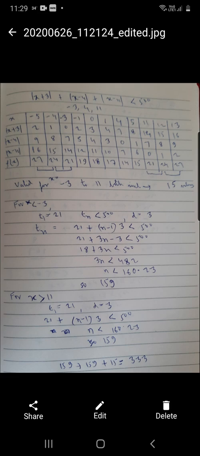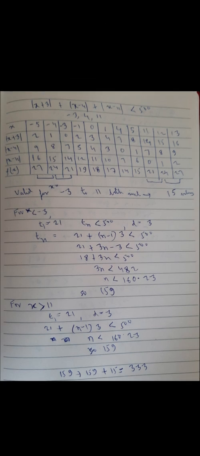For x greater than 11 also, we get t1 as 21, the value of f(x) at x equal to 11, and d is 3. You get n less than 160.23, but since x equal to 11 is already included in the 15 values above, we subtract one and take 159 instead of 160.